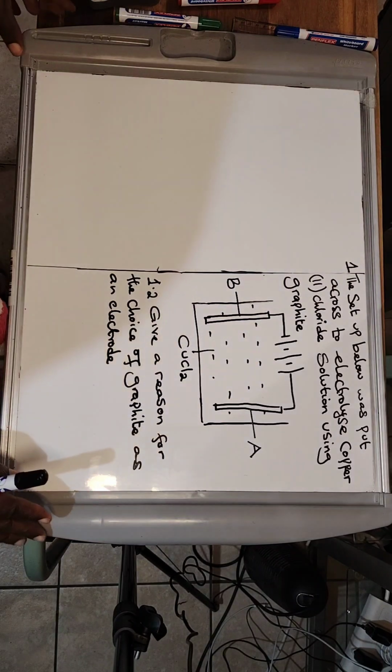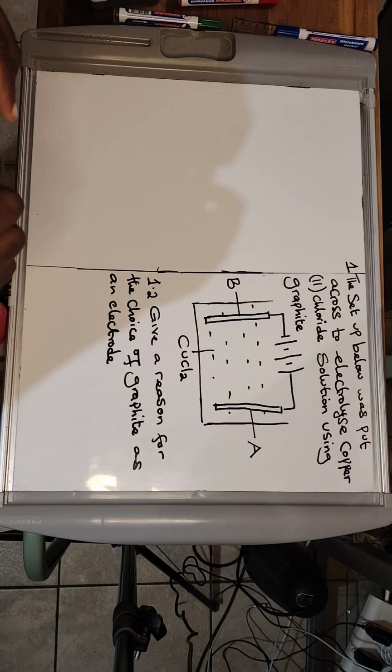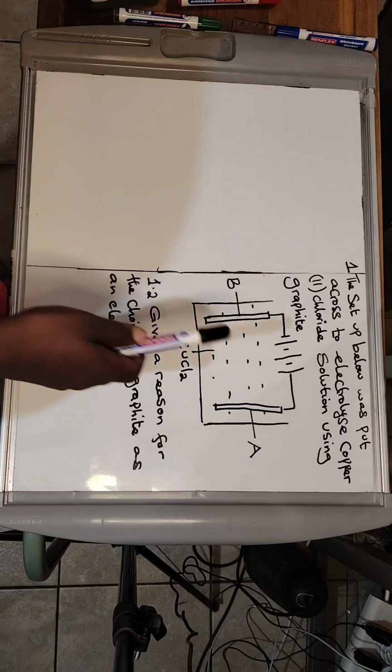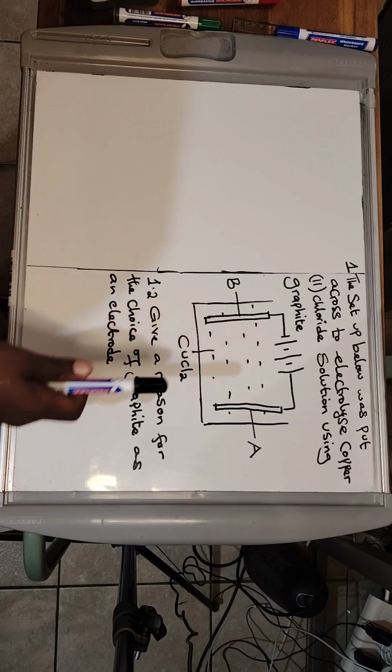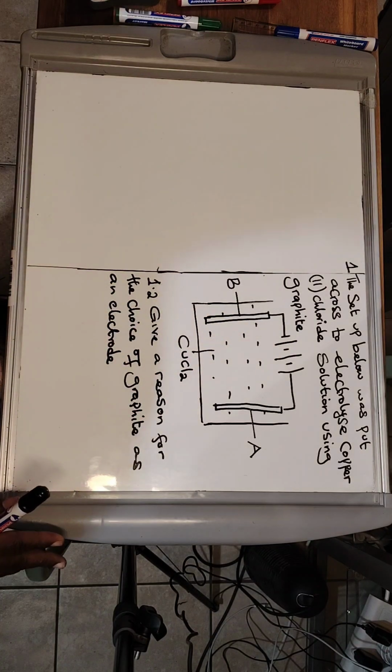Now, we have come to apply what we have been studying. This is one of the questions which I've extracted from my book. I have two books which I wrote.